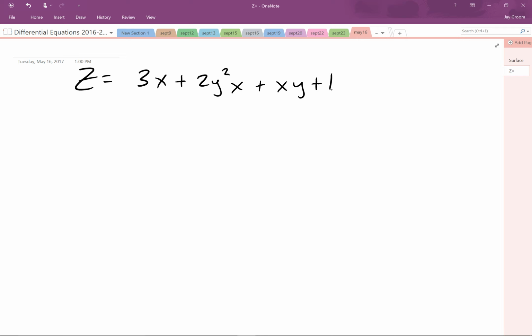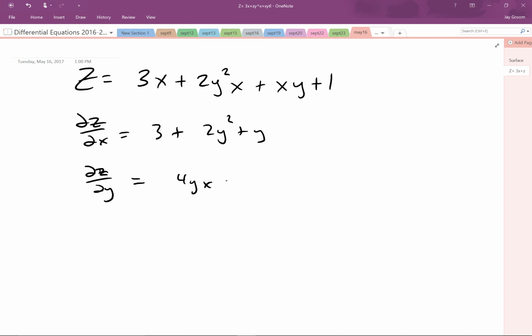So dz dx would be 3 plus 2y squared plus y, and dz dy would be equal to 4yx plus x. And if I want to integrate it over the region from 0 to 2 and 0 to 4, I can do that.